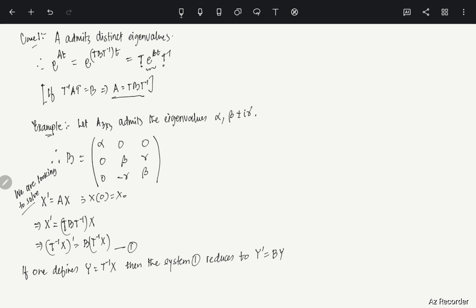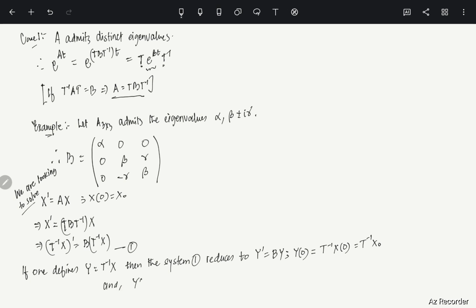So in this case, y0 will be T inverse of x0, so T inverse acting at x0. Clear?